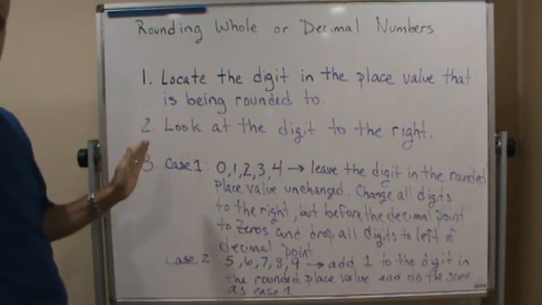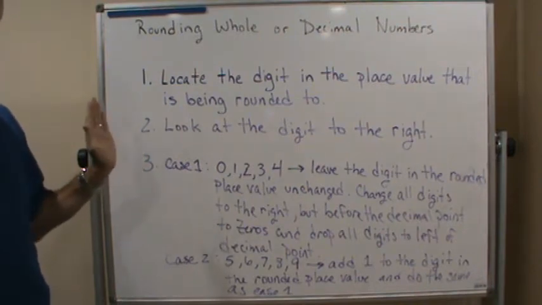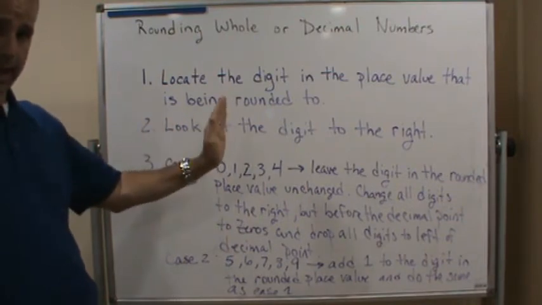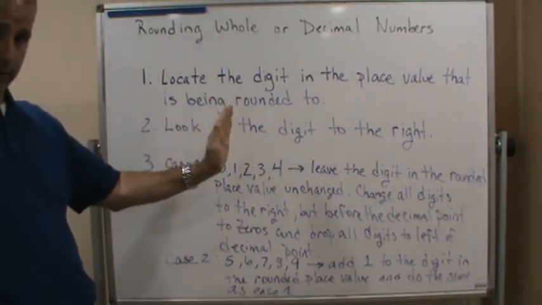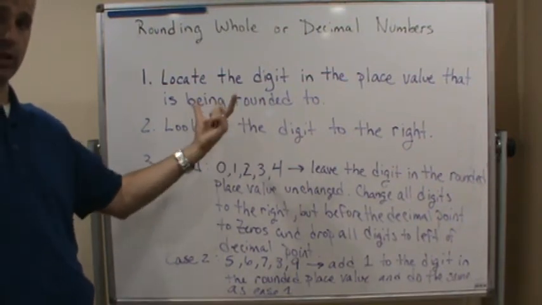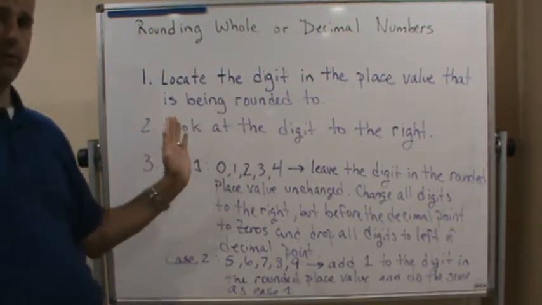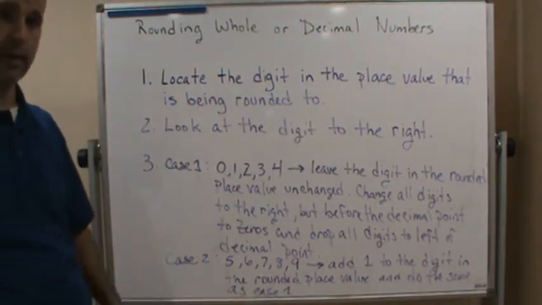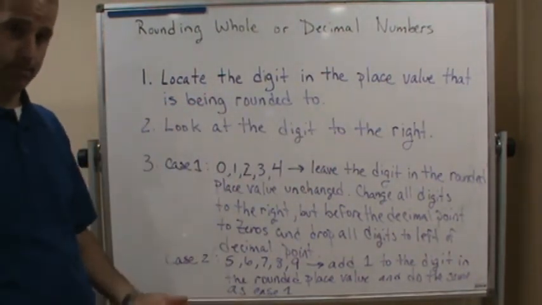That digit will remain unchanged. Then all of the digits to the right of that place value, but to the left of the decimal point, will change to zeros. And all of the digits, if there are any, to the right of the decimal point will be dropped. That's case one.